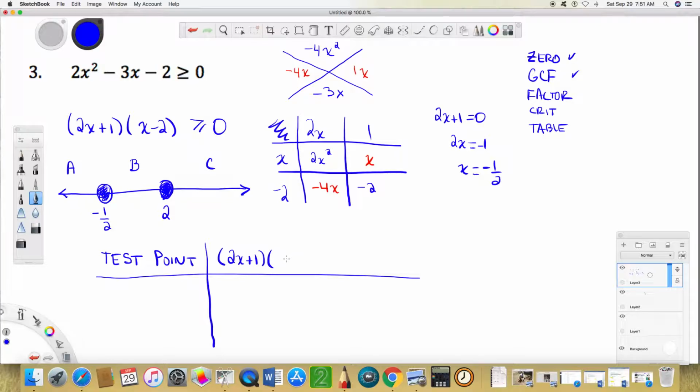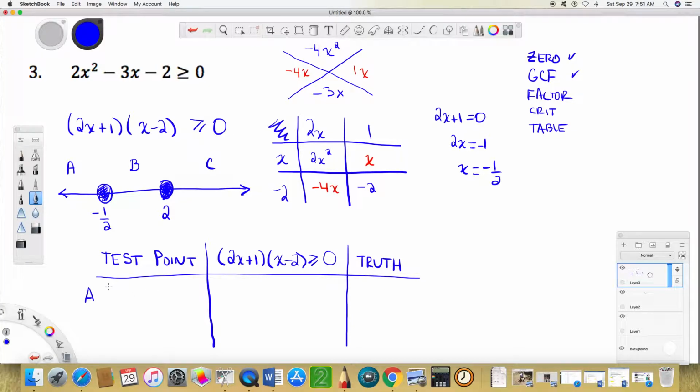I guess the original inequality would be fine, but it's easier for me oftentimes to plug in my test point into the factored form to check whether the resulting inequality is a true statement or a false statement. So over here, I'm going to record the truth of that statement.